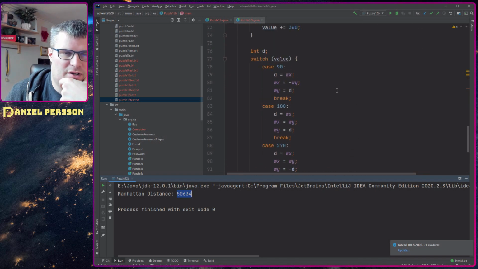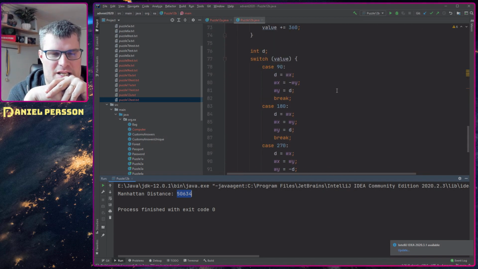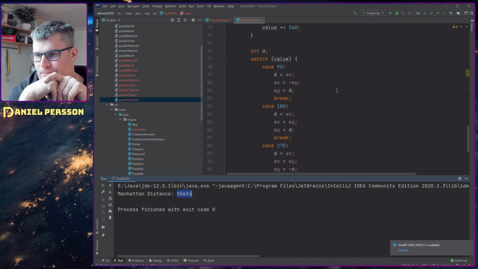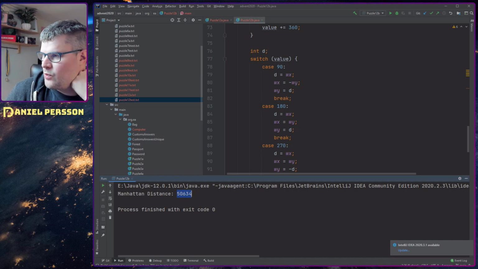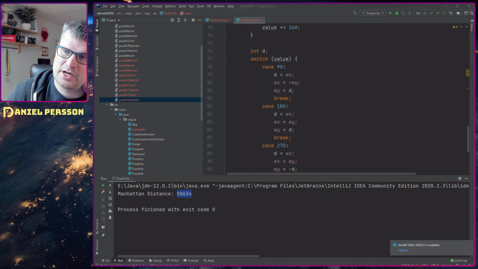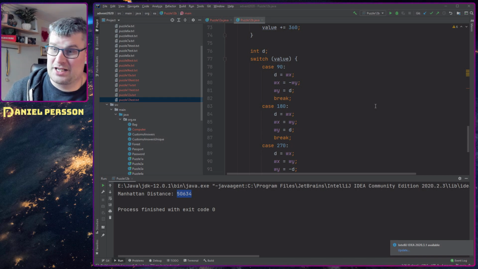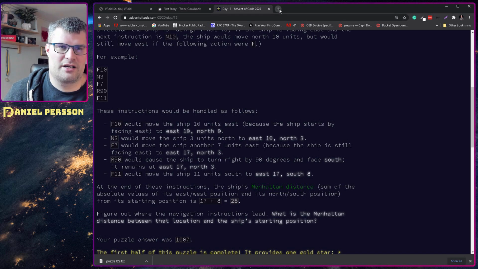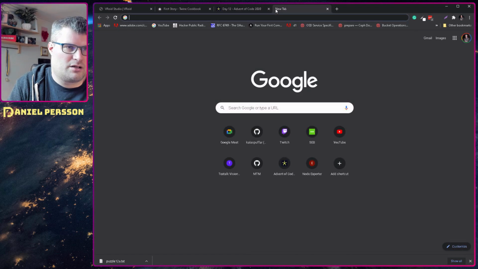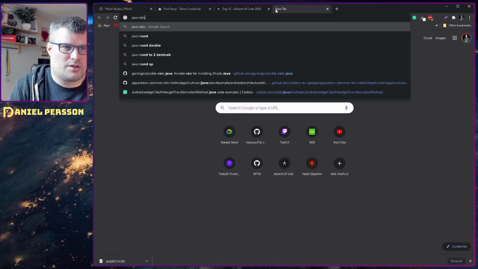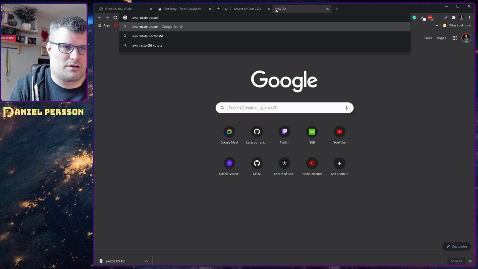This rotate function makes things a little bit harder. I wonder if the easiest way to do this is if we can use the Java vector rotate in some way. So let's see if we can find Java rotate vector.